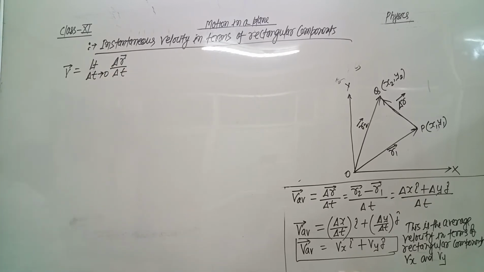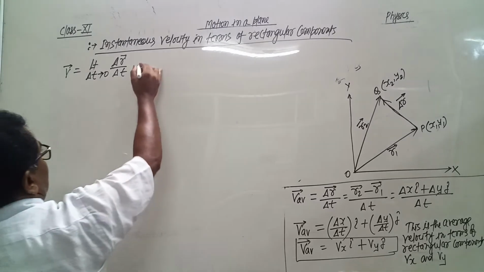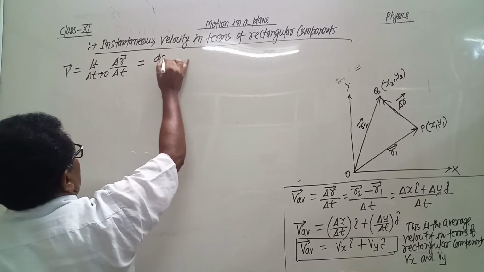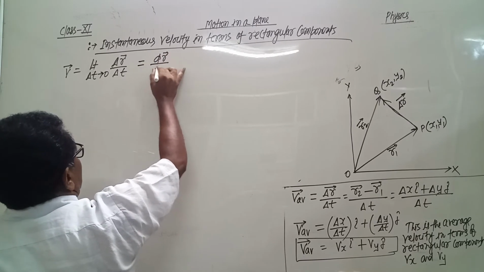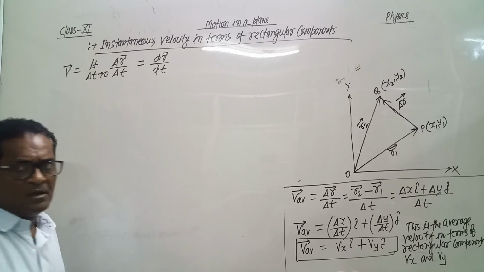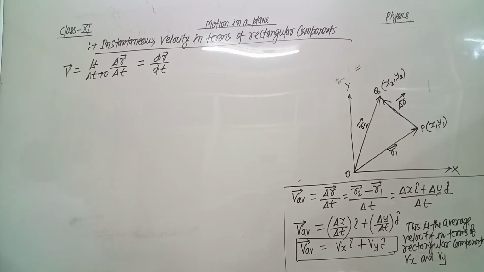Instantaneous velocity is defined as limit delta t tends to 0 delta r by delta t, and this equals dr by dt.